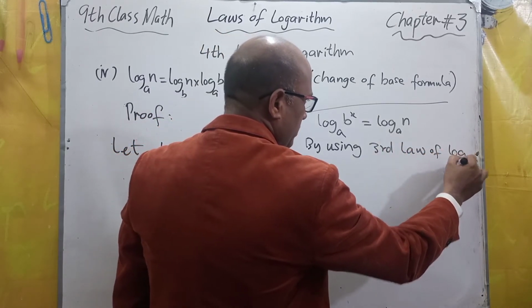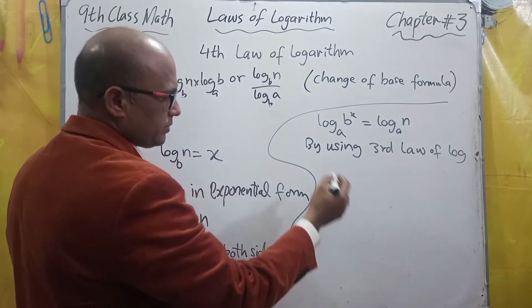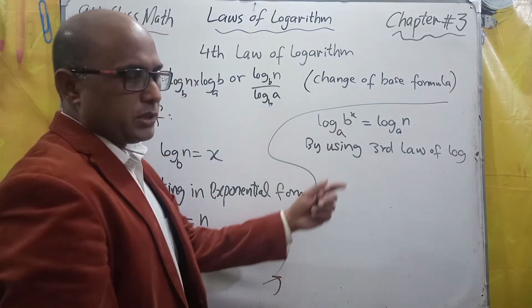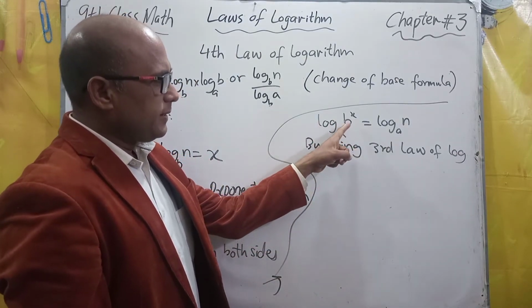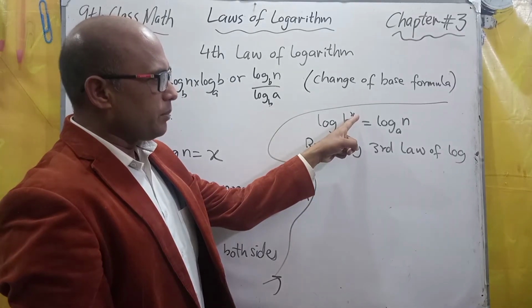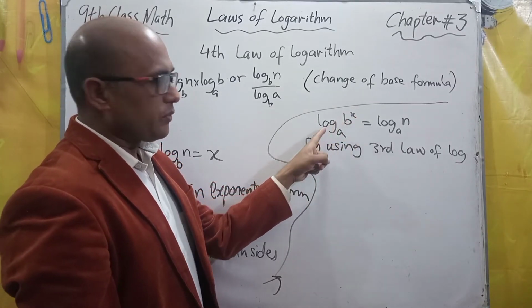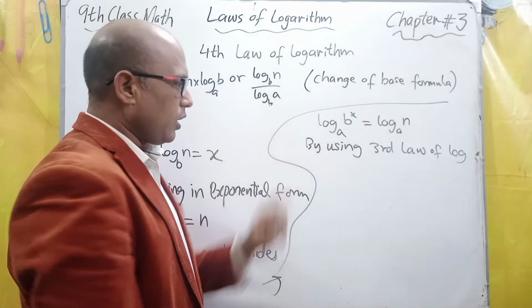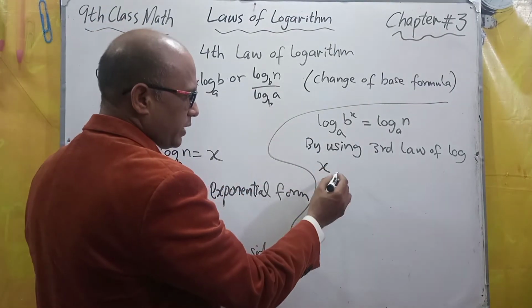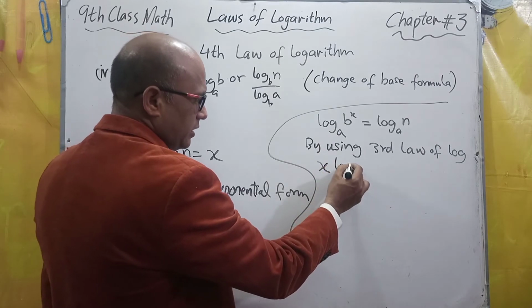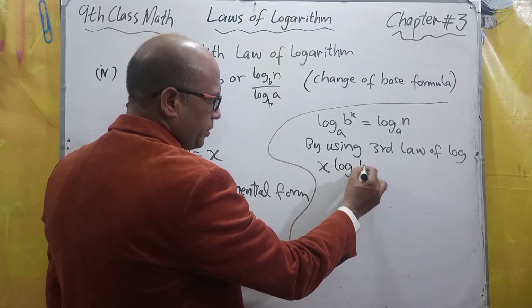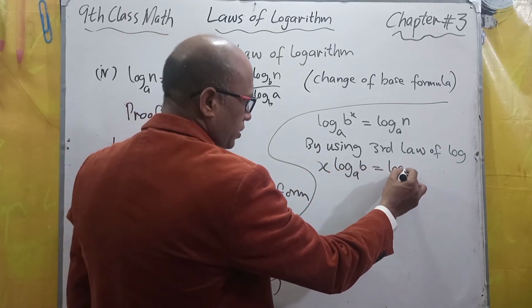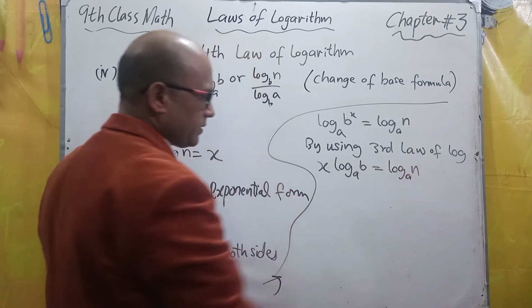according to the third law of logarithm, the exponent of the number which is written along with log will be shifted before log. So it will become x log A of b is equal to log A of n.